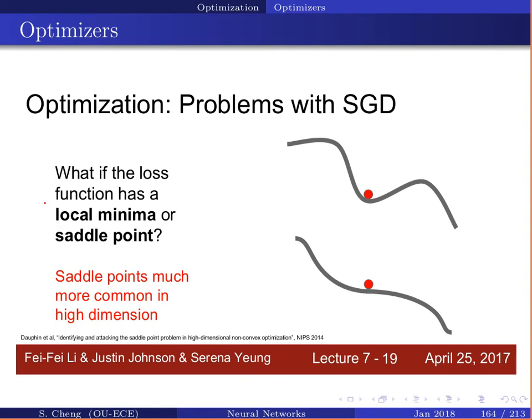Because when you have very high dimension, you can always find some dimension actually going down. If this is not really a true local minimum, then there's doomed to be one dimension that actually goes down somewhere. So in high dimensional space, the function will more likely encounter a saddle point problem than a local minimum.